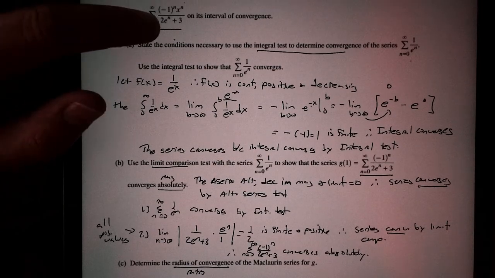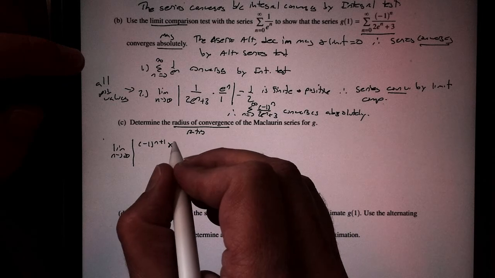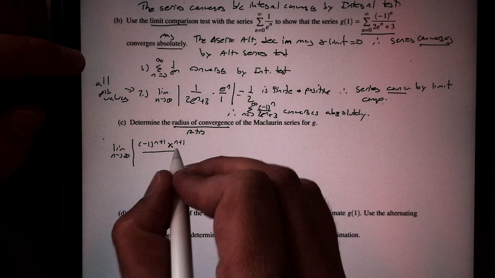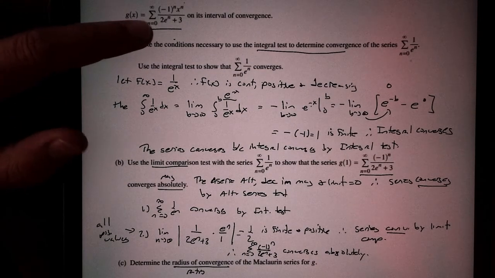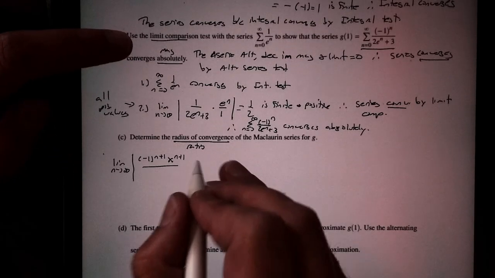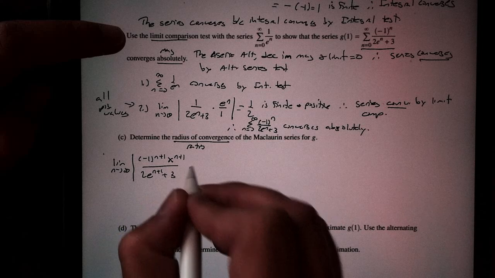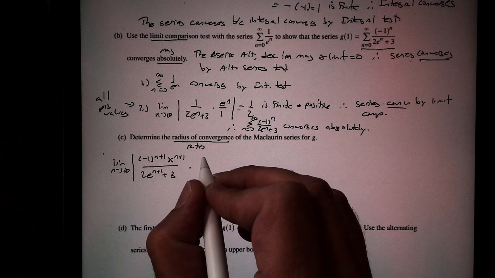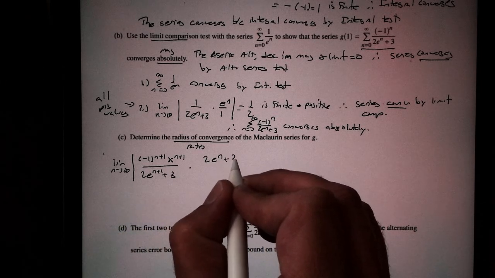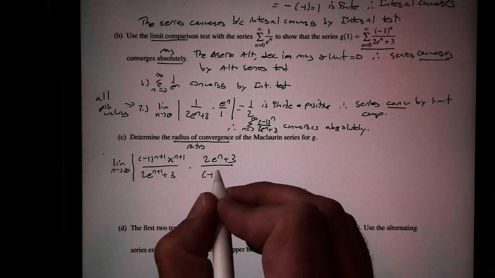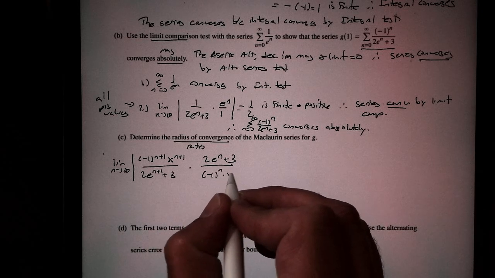And the series, remember, will have this x right up here, so that's going to become x to the n plus 1 over, and over here this is the really tricky part, 2 e to the n plus 1 plus 3, divided by its inverse, 2 e to the n plus 3 over -1 to the n times x to the n.